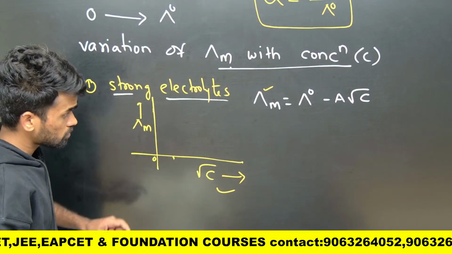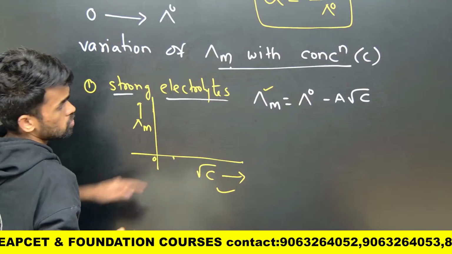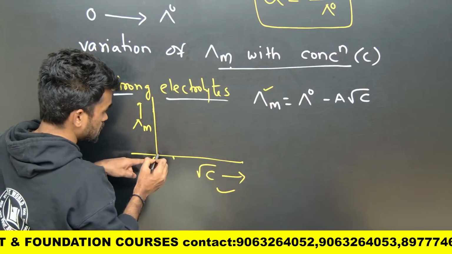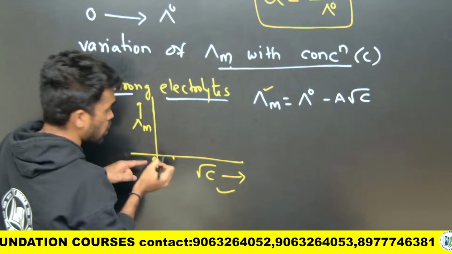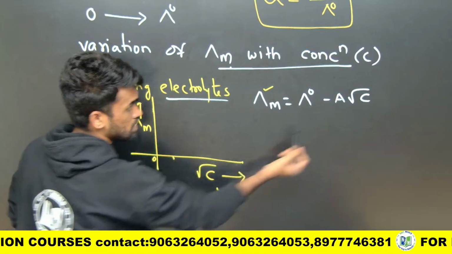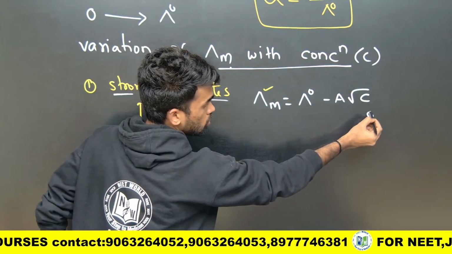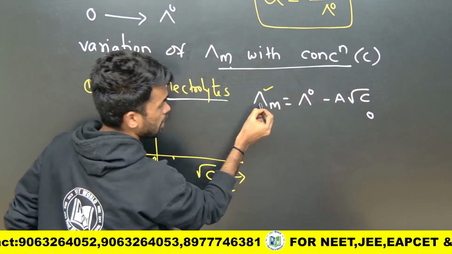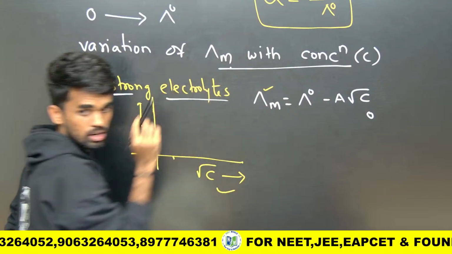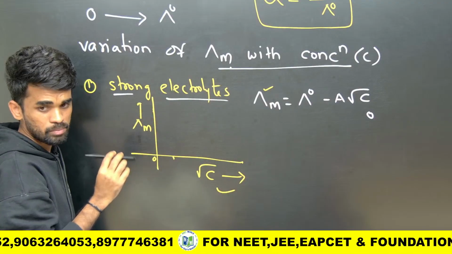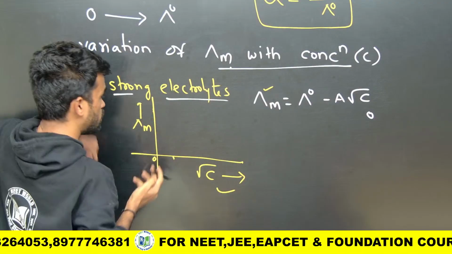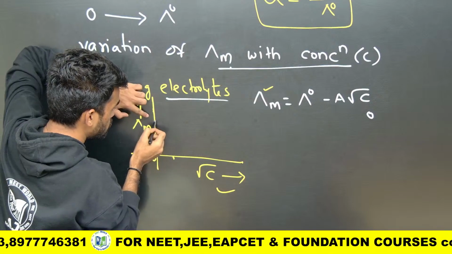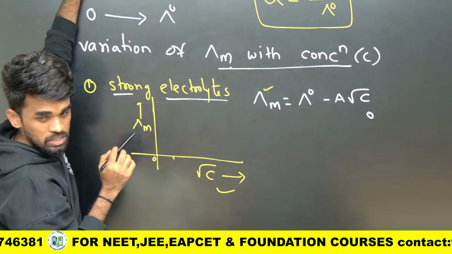Now look here. So what we can say at zero concentration. If C value is 0, what happens? This overall term will be 0 now. So del m equals to del naught. Okay, so it means somewhere here if I wanted to put, so these both are equal at 0 concentration.